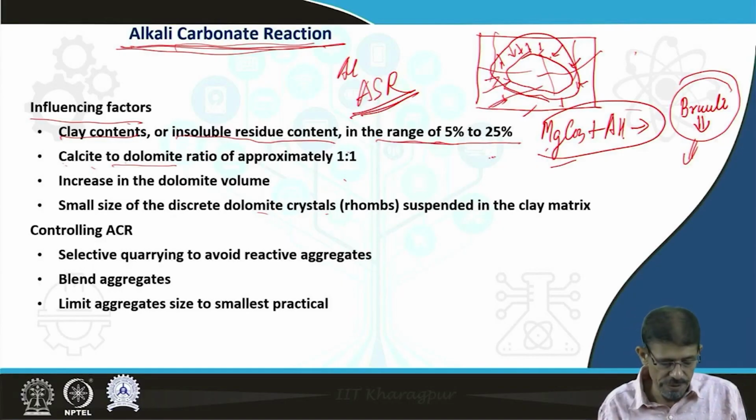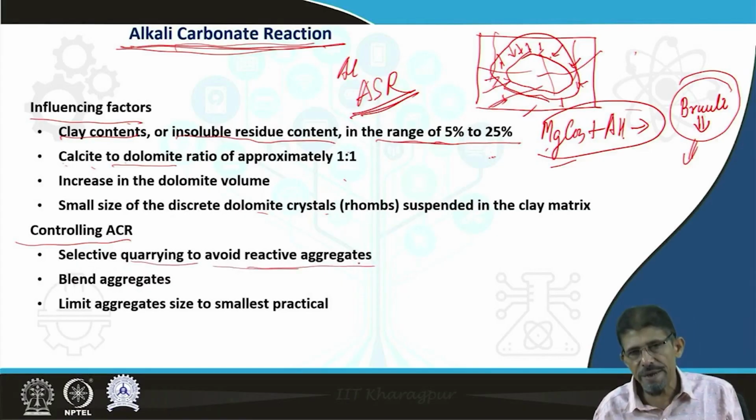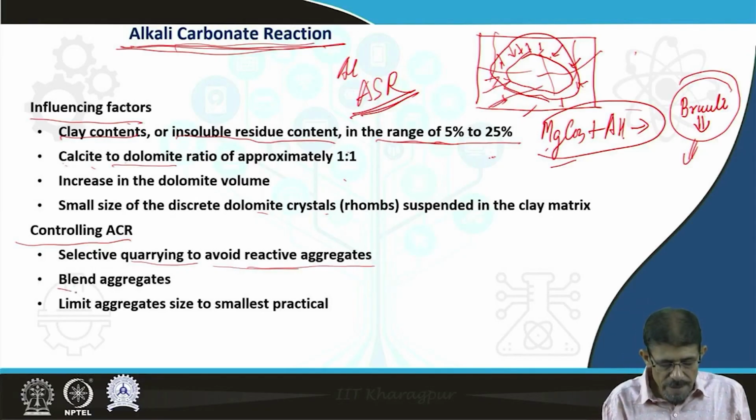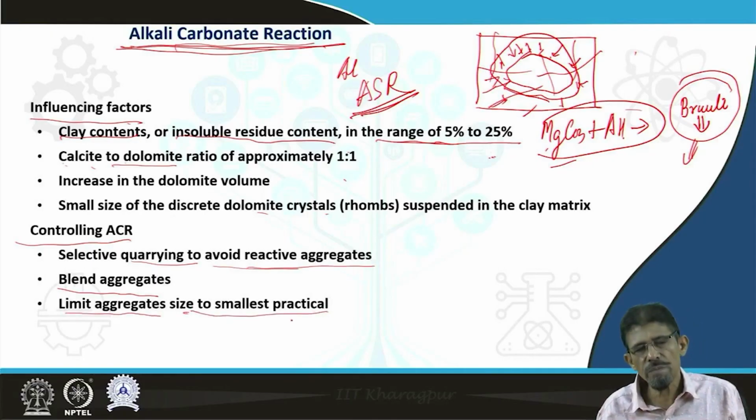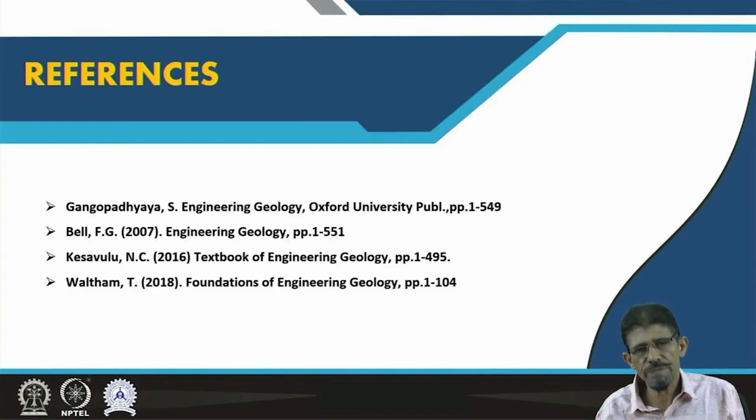How are we going to control this ACR? By selecting a suitable quarry to avoid reactive aggregate containing dolomite. Blend aggregate with more limestone to reduce the quantity of dolomite. Limit aggregate size to the smallest practical size. In this way we are going to control ACR.